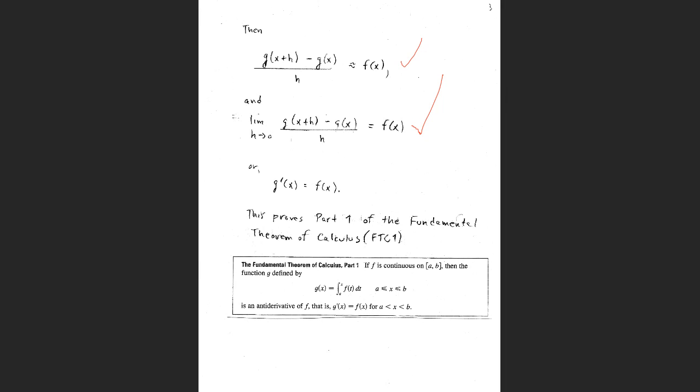And therefore, g prime of x, because the left side here is the definition of a derivative, g prime of x equals f of x. And this proves part one of the fundamental theorem of calculus.